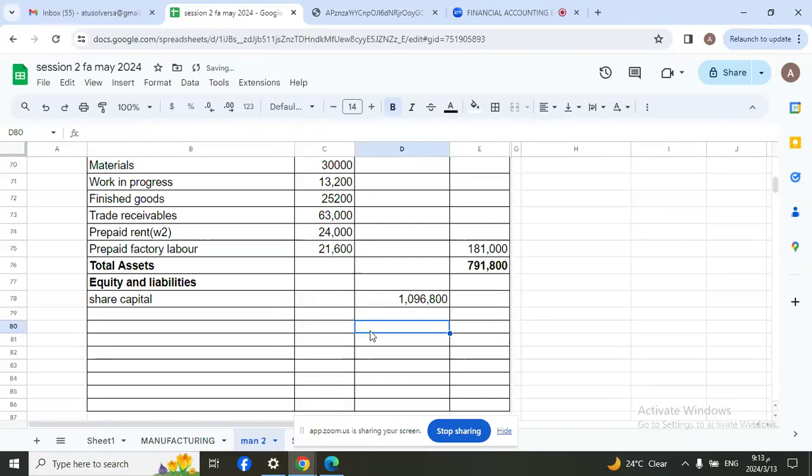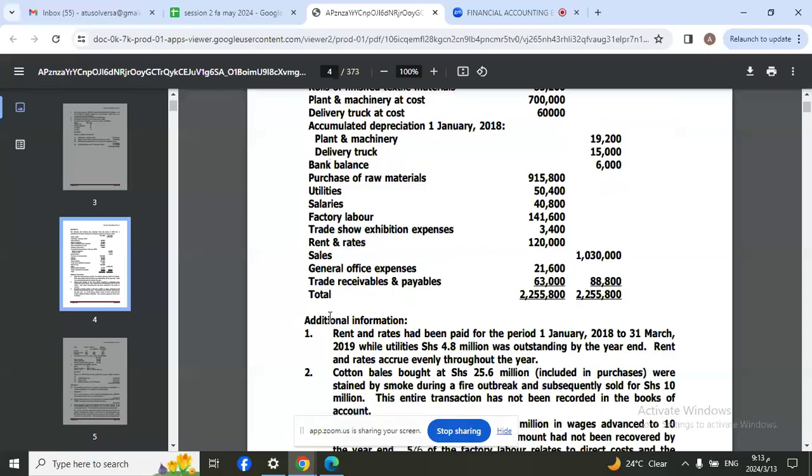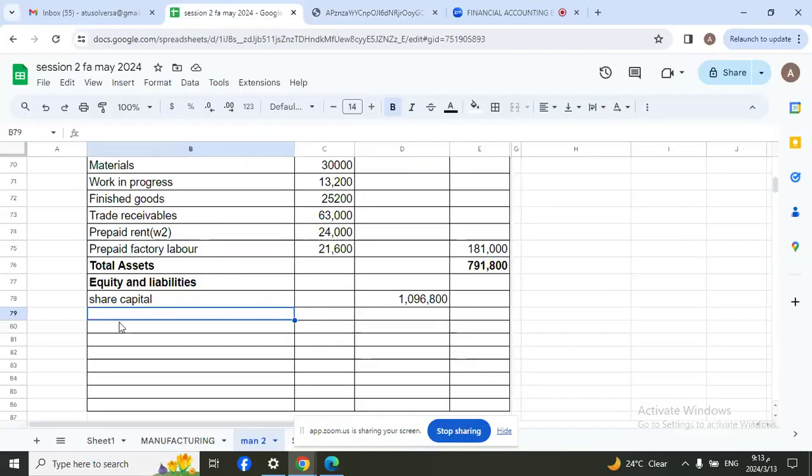Our share capital is 1,096,800. What do we add? Retained earnings, in case we have them. We go and check our question. I think we don't have any retained earnings apart from our loss. So we say net loss.